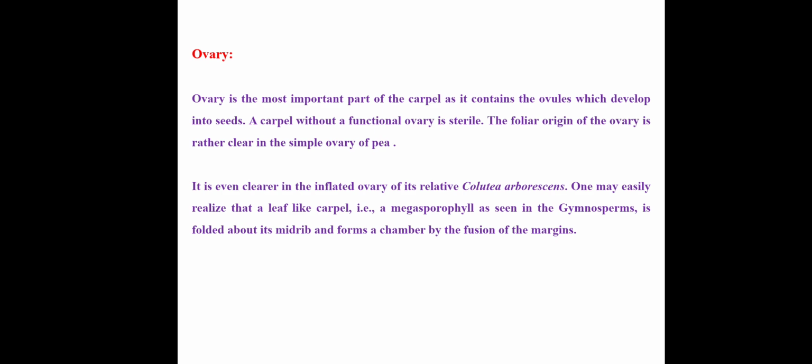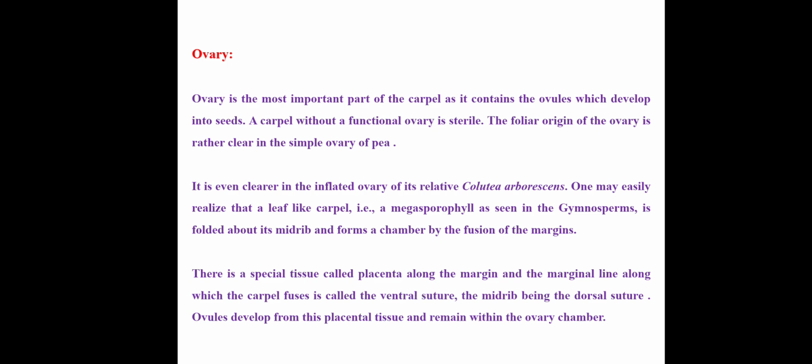The foliar origin of the ovary is rather clear in the simple ovary of pea. It is even clearer in the flattened ovary of its relative Colutea arborescens. One may easily realize that a leaf-like carpel, that is a megasporophyll as seen in the gymnosperm, is folded about its midrib and forms a chamber by the fusion of margins.